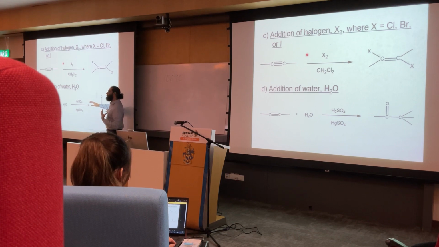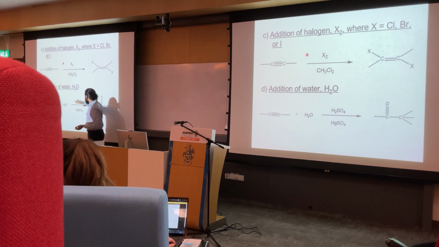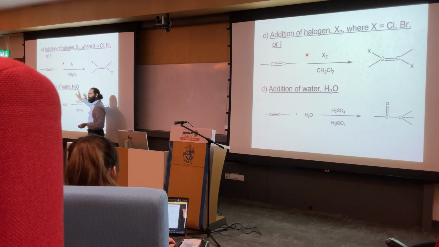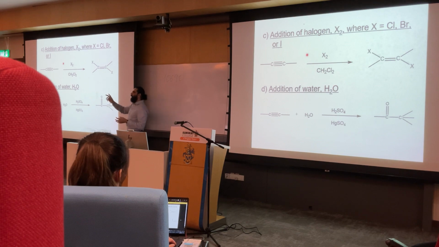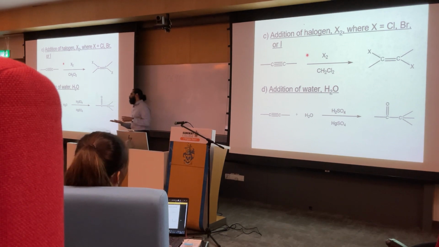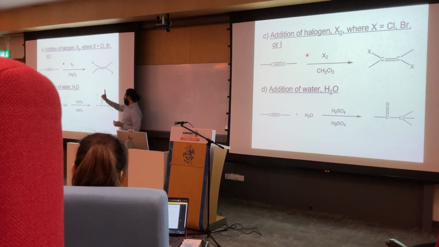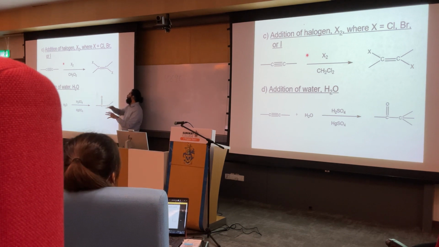This is a totally bizarre mechanism. I don't want to go into the detail of it. But this reaction is done in the presence of mercury sulfate. Sulfuric acid was there as well, so the difference between alkene and alkyne is the presence of mercury sulfate. No need to go into further detail. The difference is that when you hydrate alkynes, you don't get alcohols, instead you get carbonyls, while with alkenes, when you hydrate them, you simply get alcohol. So that is one of the differences between the reactivity of alkenes and alkynes.